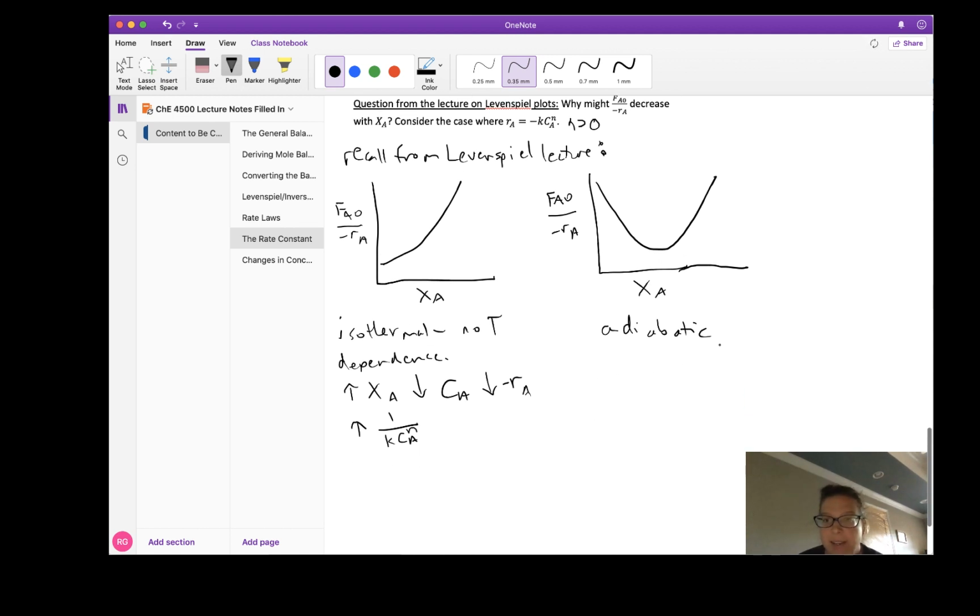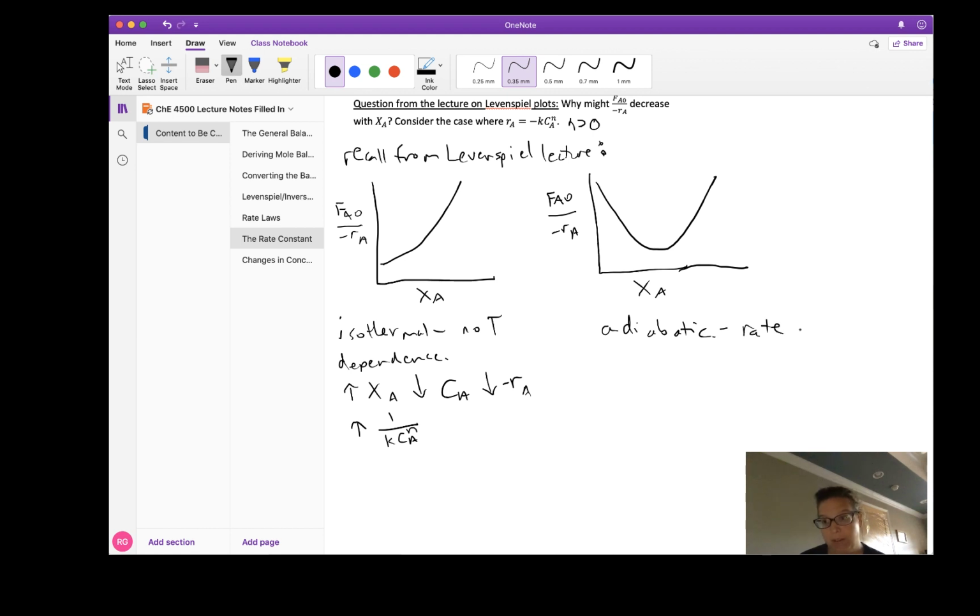In the adiabatic case, there is temperature dependence. So T matters. In the adiabatic case, the rate is a function of temperature.